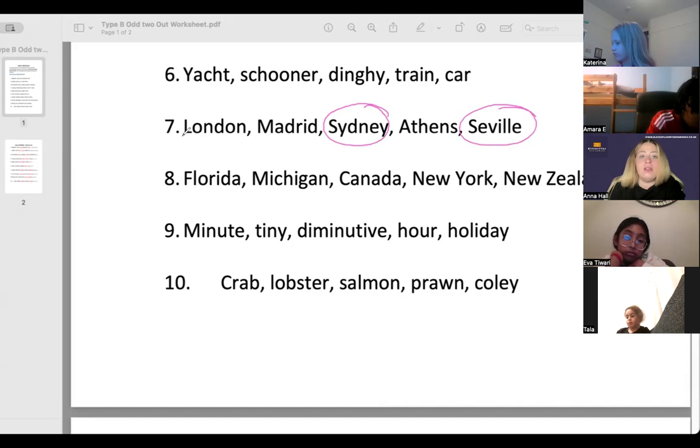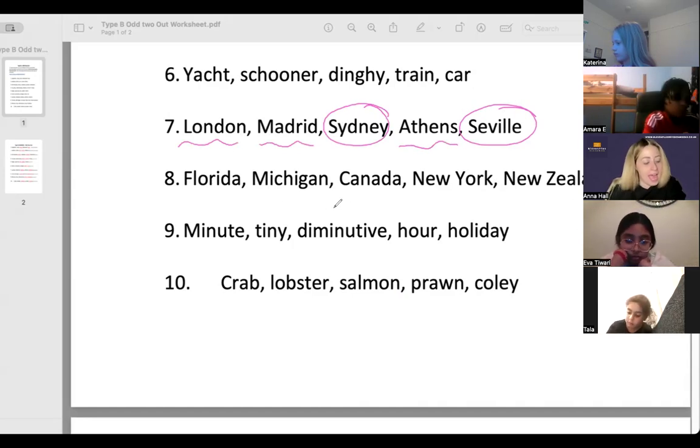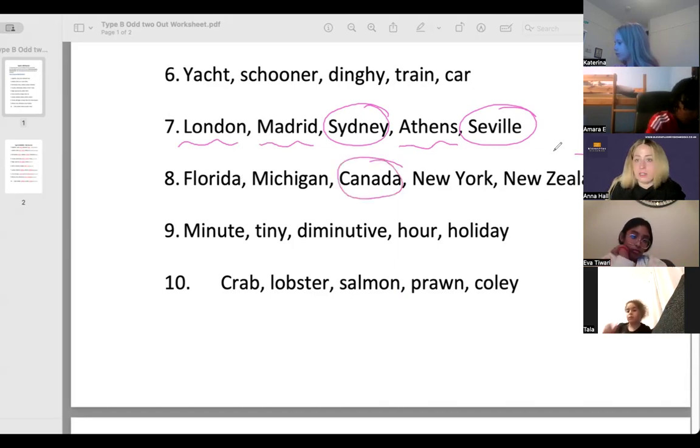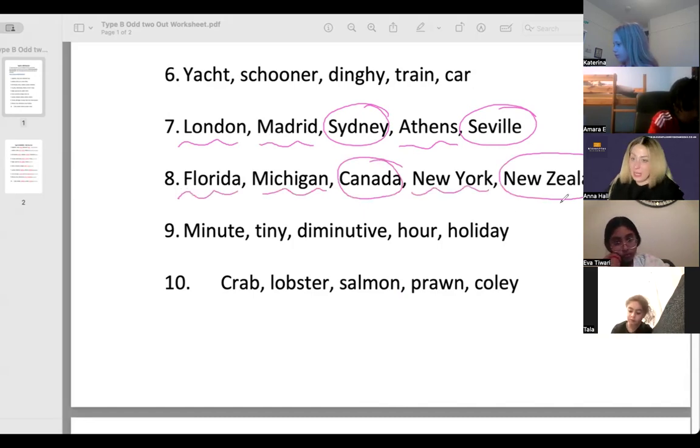So London, Madrid, and Athens are capital cities, and these two are not. Number 8, we have Canada and New Zealand, and that is because these 3 are states in the USA.